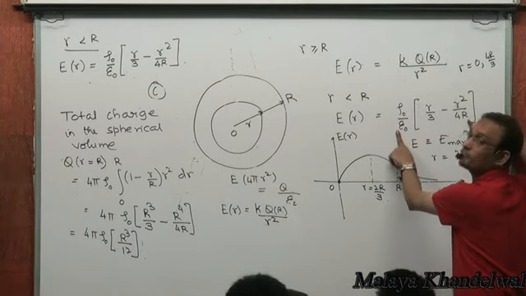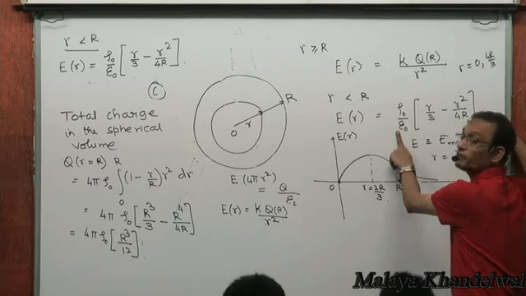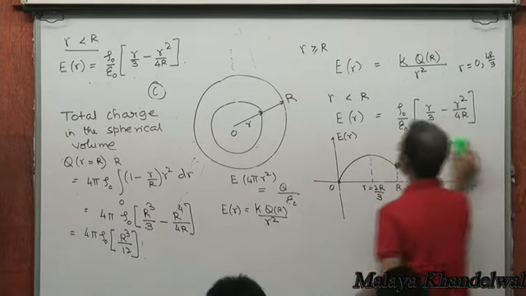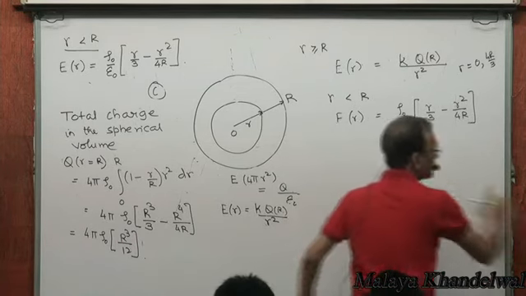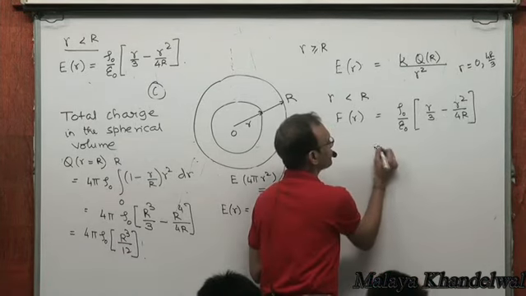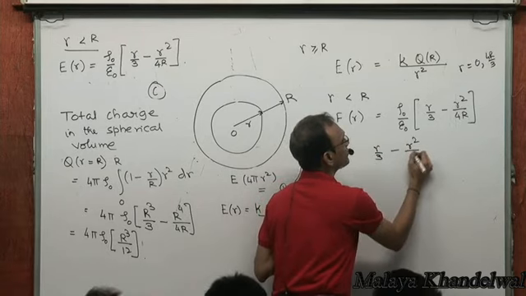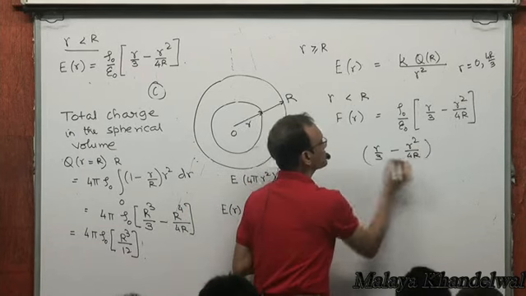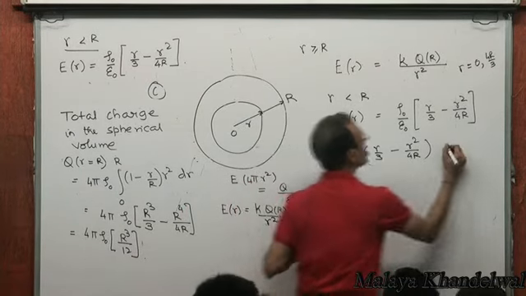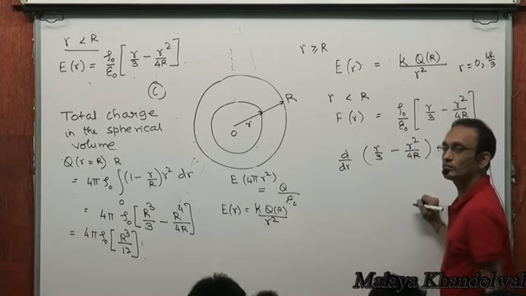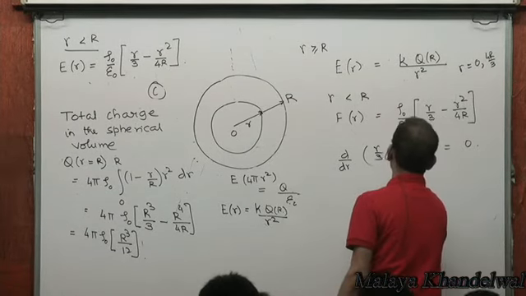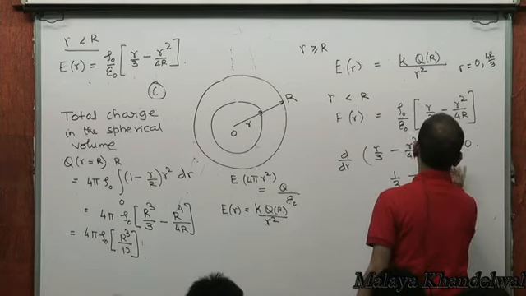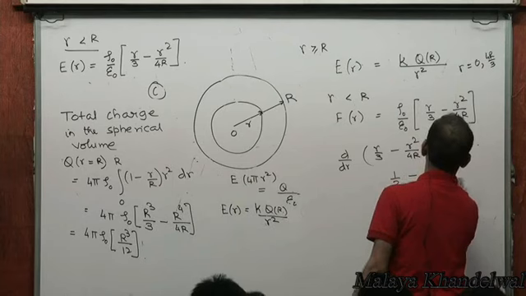So let me find the maximum value of this, if you are okay with that, without drawing the graph. That means I want to find the maximum value of r by 3 minus r squared by 4R. In order that this be a maximum, d by dr of this must be 0. That means 1 by 3 minus r by 2R is 0.